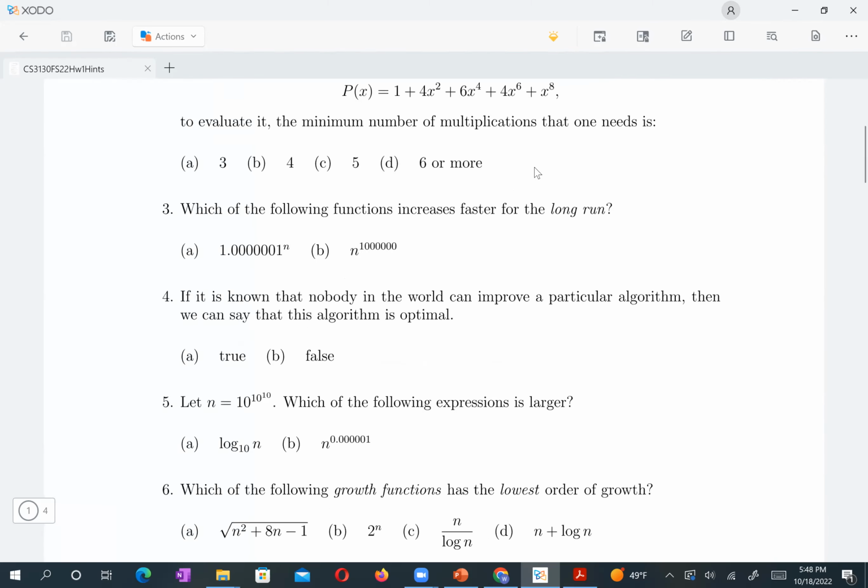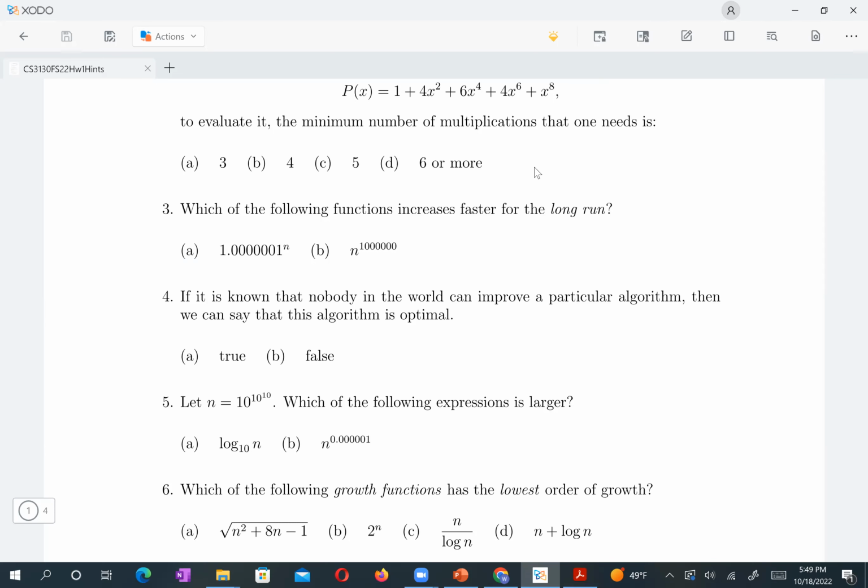Yes, faster growth function. Actually, what I ask you is growth function. So here, my intention, let me say it in this way.